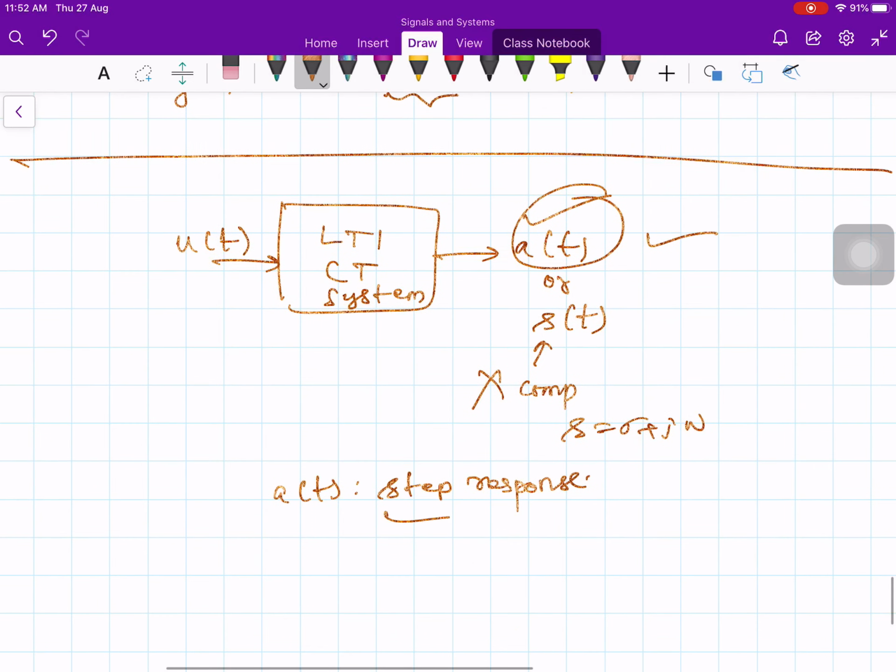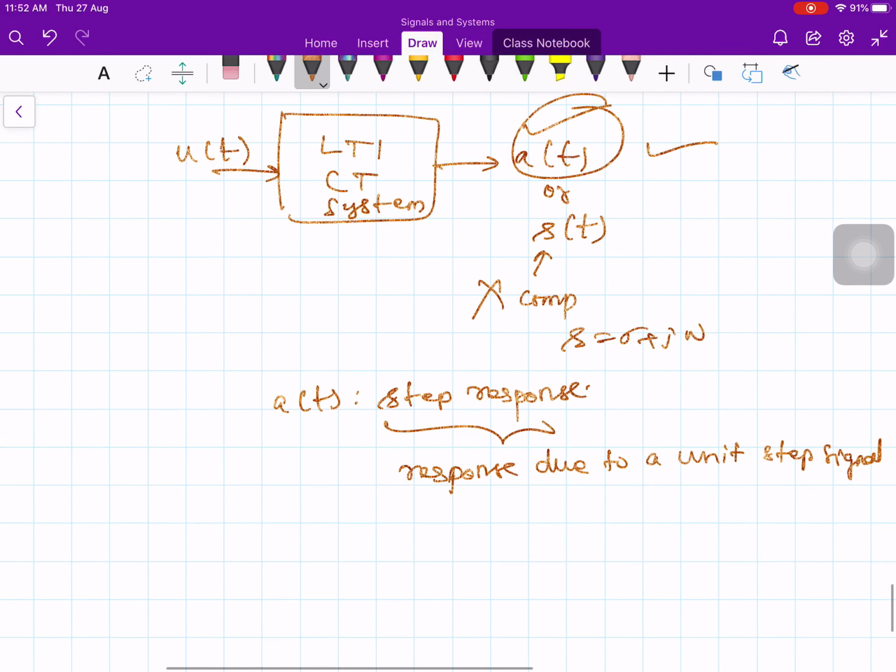the response due to the unit step signal. What do you mean by step response? Response due to a step signal or a unit step signal. Therefore, instead of response, we can also call it the output due to a unit step signal.